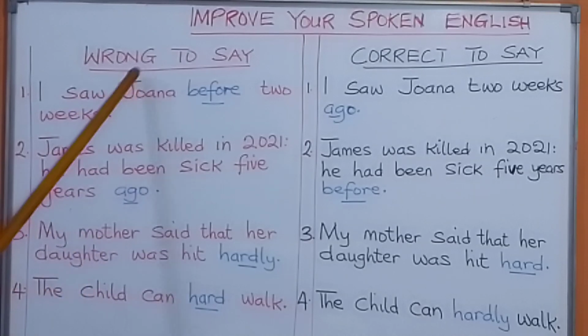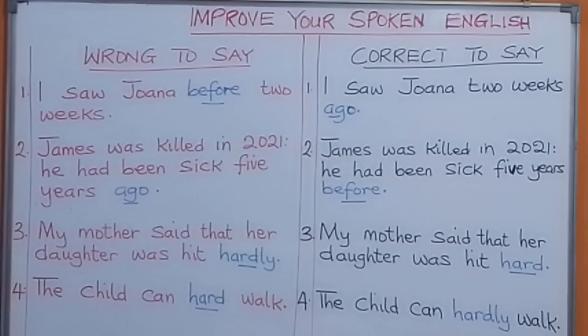Next one. Wrong to say, the child can hard work. Because it is wrong to say the child can severely work. You say, the child can hardly work. That is, the child can scarcely work. Not quite.